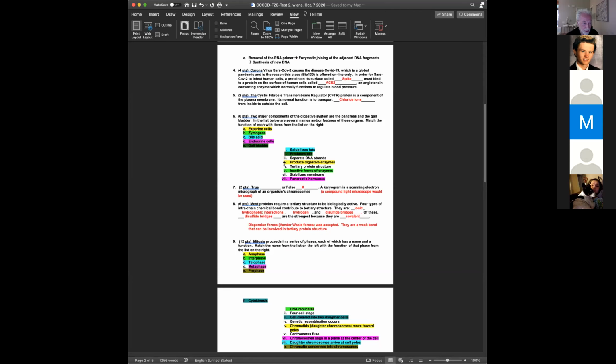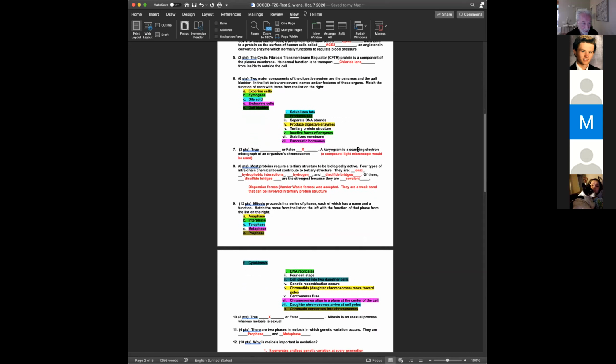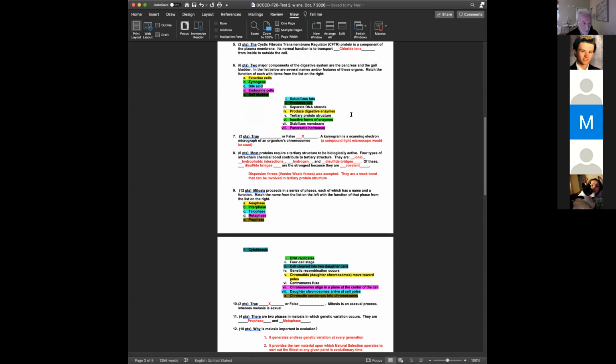Zymogens are inactive forms of enzymes. Bile acid, remember, the acid solubilizes fats. Endocrine cells are the ones that make hormones, and the gallbladder produces bile. Any question about those answers?